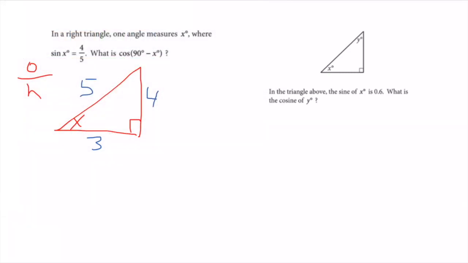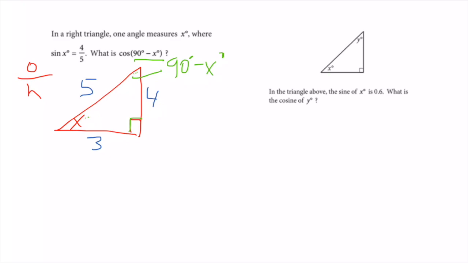But now what they're asking for is the cos of 90 minus x. Well, here's my 90. Here's x degrees. I know that this angle here is 90 minus x. So now I'm just looking for the cos of this angle.